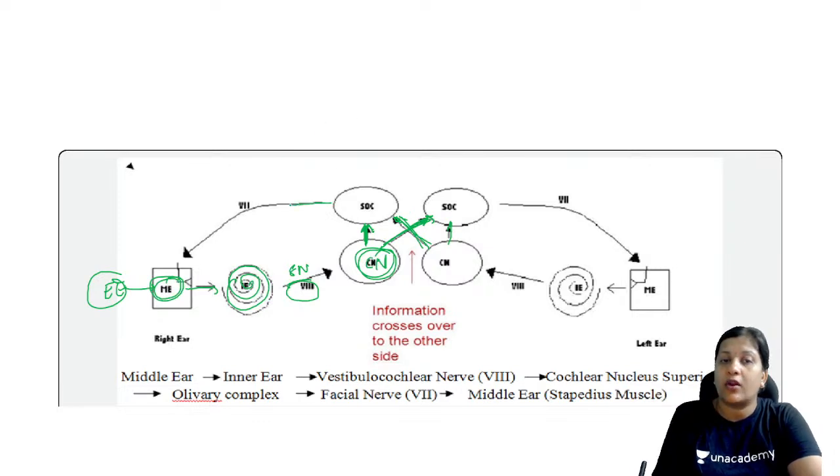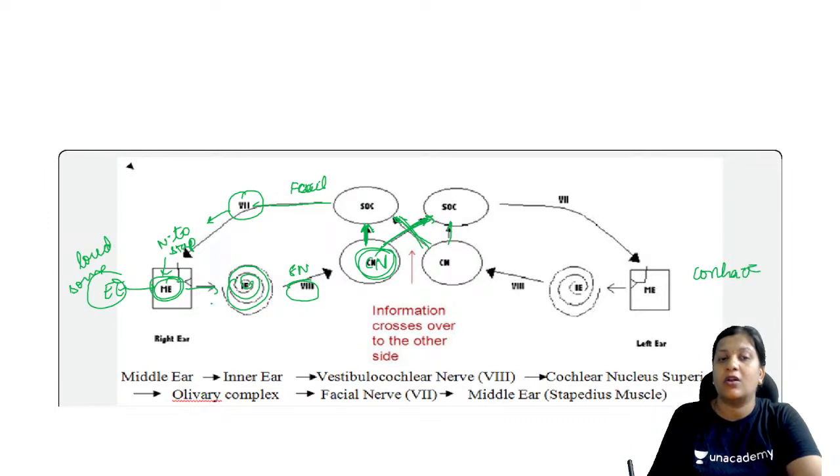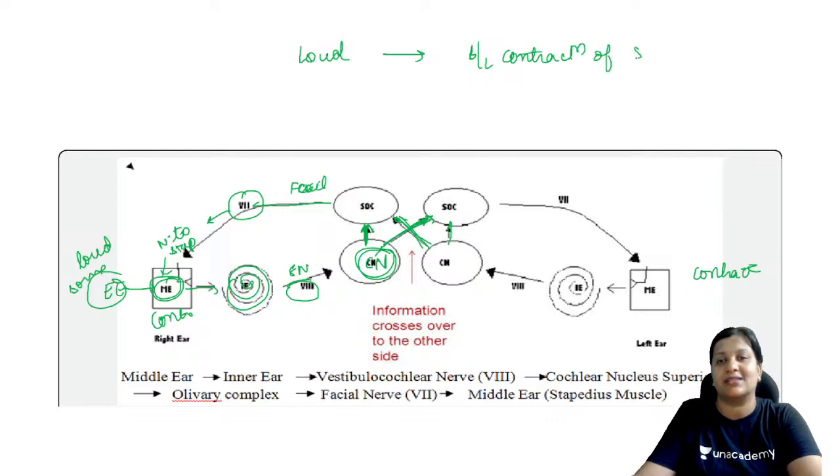From the superior olivary complex, via the facial nerve nucleus, via the facial nerve, via the nerve to stapedius, it will go to the middle ear and cause contraction of the stapedius muscle. So even if I give loud sound on one side, you will see contraction of the stapedius muscle on both sides. This reflex is called the stapedial reflex, in which loud sound causes bilateral contraction of the stapedius muscle.